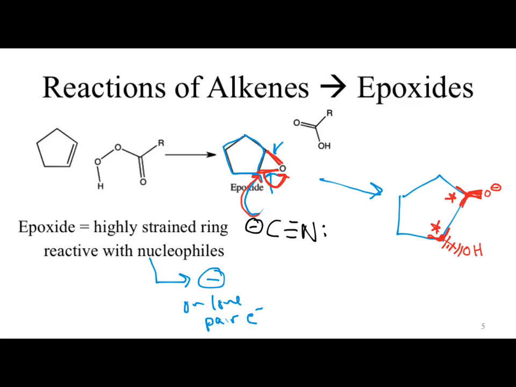Does the cyclopentane structure change, or the sigma structure up here? No, that's still the same. Where's that CN minus attacking? From the bottom.